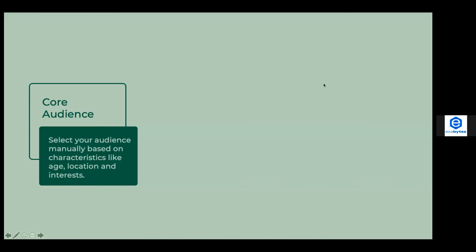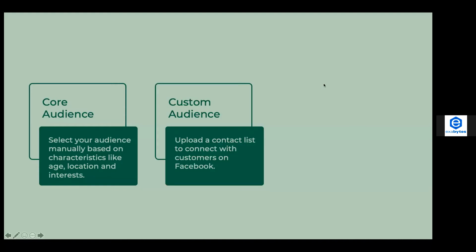Now, the second kind of audience is what we call the custom audience. To create your custom audience, you can upload a contact list to connect with them. A custom audience allows you to reconnect with people who have already shown interest in your business, for example those who have visited your business website or subscribed to a newsletter, so you are able to do retargeting.